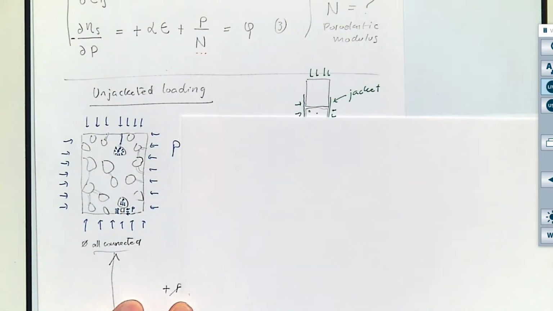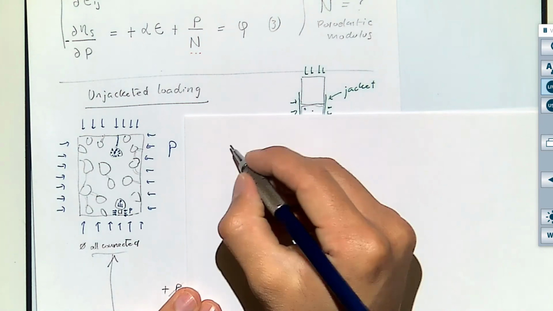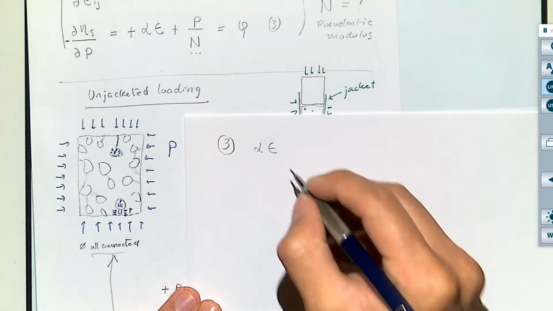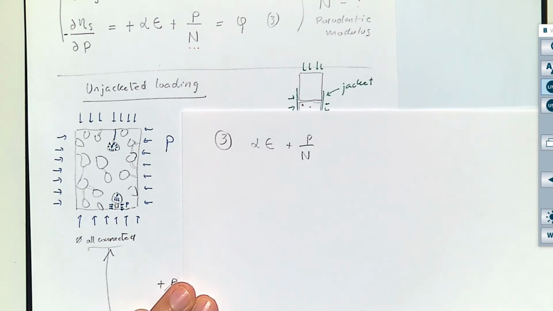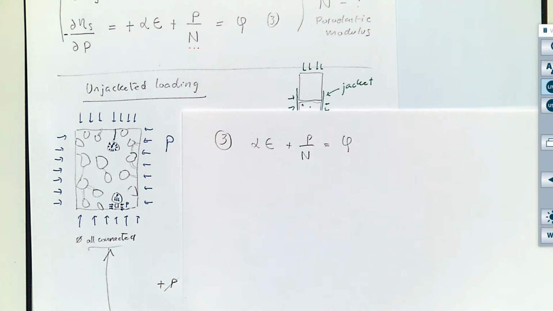Now I'm going to use the third equation in order to get n. And that third equation is alpha times that plus p divided by n, and that's going to be porosity.